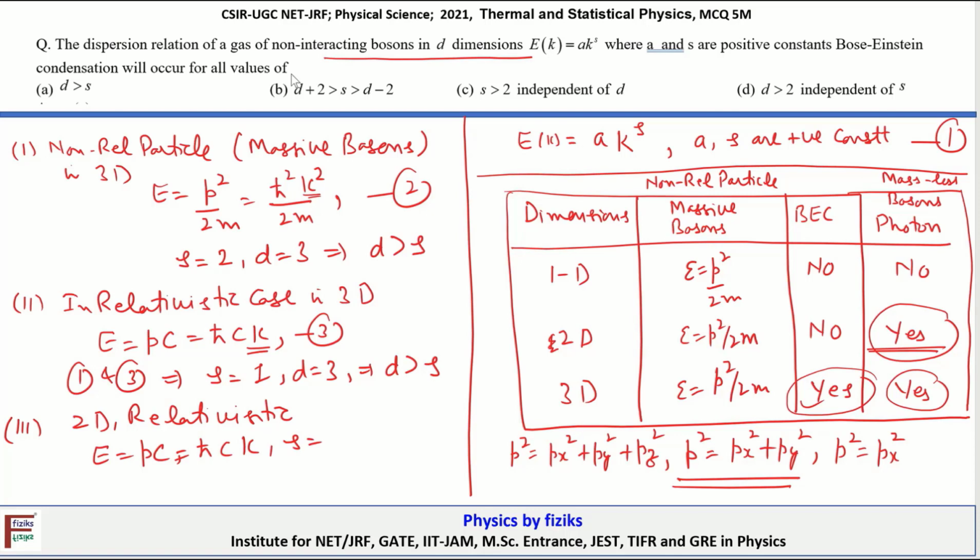Therefore s is equal to 1, the exponent of k. So here the exponent of k is how much? It's 1, and the dimension is 2. Therefore again, for this case also, d is greater than s. So the general relationship applicable in all these three cases is that d should be larger than s, where s is the exponent. Therefore, A is the correct option here.